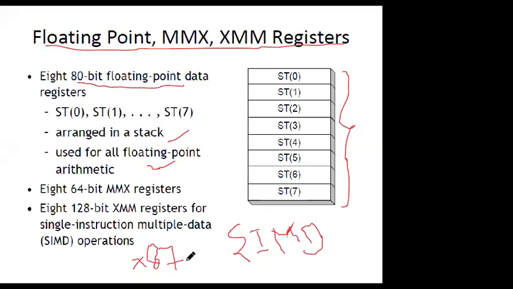So CPUs were unable to process floating point and SIMD data at the same time in case of MMX registers. And the second problem was that it only worked for integers.